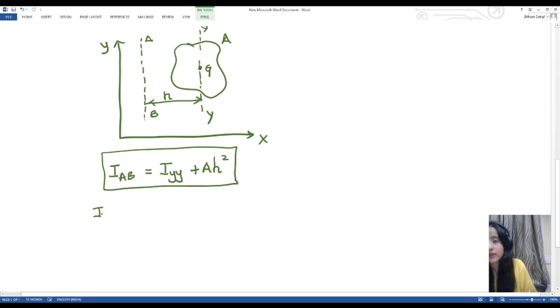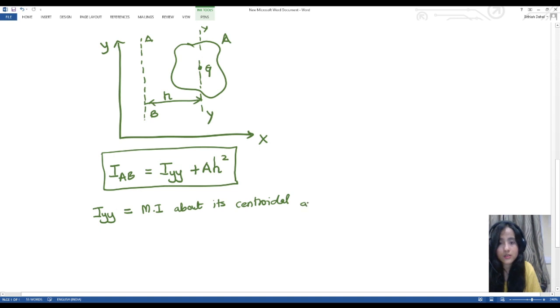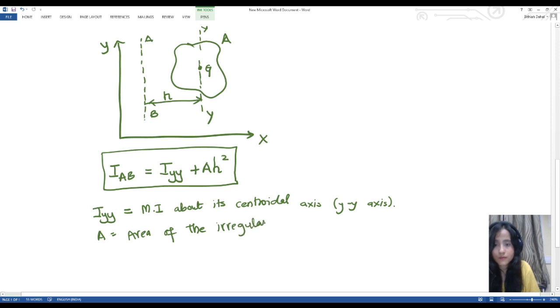So what is Iyy here? It is the moment of inertia about its centroidal axis, the YY axis, right? And what is my A again here? The area of the irregular section. Right?